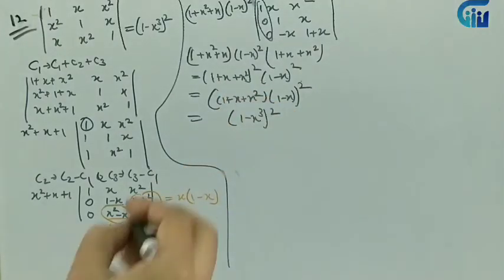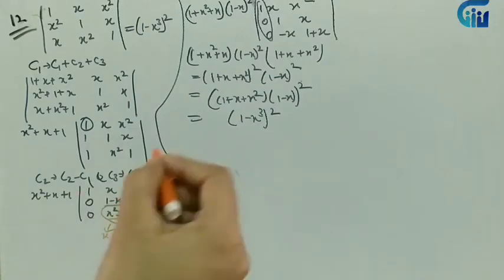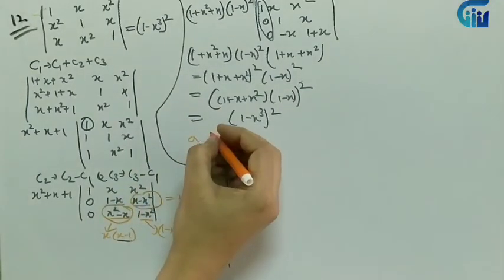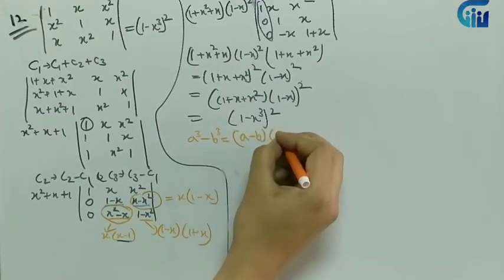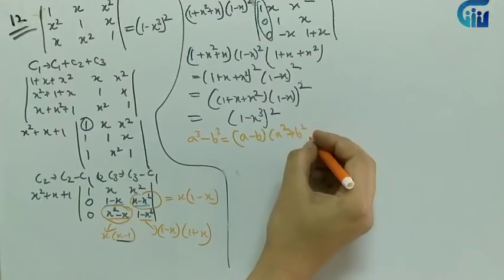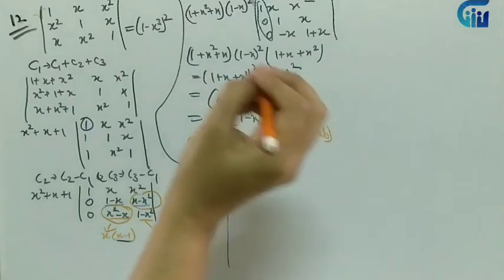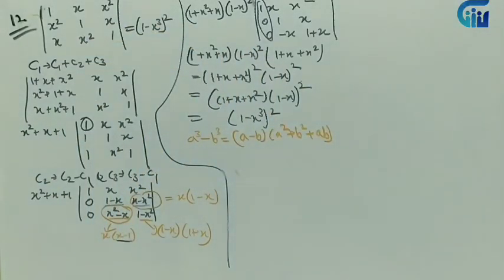The formula is a cube minus b cube is equal to a minus b, a square plus b square plus ab. So this formula we have applied, and the reverse of this formula is present over there. The whole square will be as it is, hence the result.